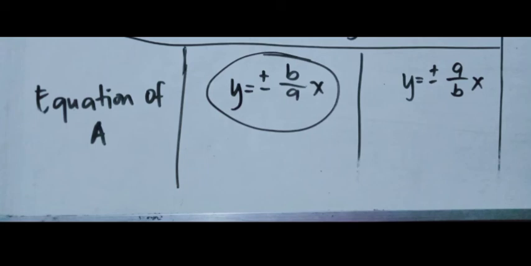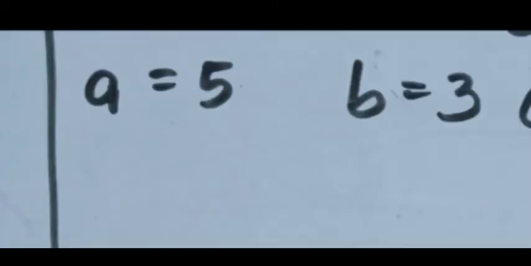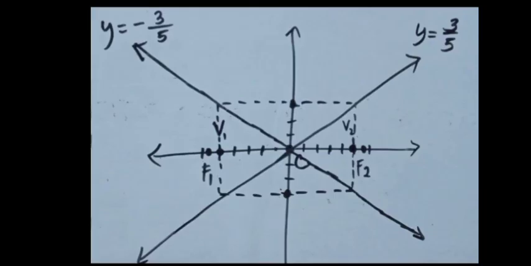That will be y is equal to plus or minus b over a x. Since our b is 3 and our a is 5, y is equal to negative 3 over 5 x because the slope of this line is negative. And for the other slanting line, y is equal to 3 over 5 x is its equation because the slope of this line is positive.